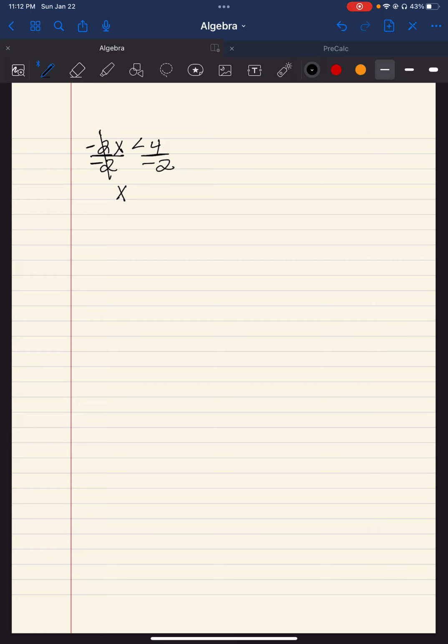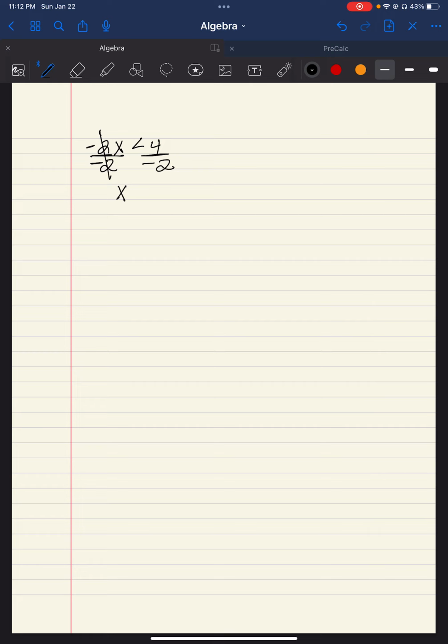So this side we divide by negative, the other side we divide by negative, and we're kind of dividing the inequality by a negative, I guess, if you want to look at it that way. But we are also saying it's the opposite of what it was.